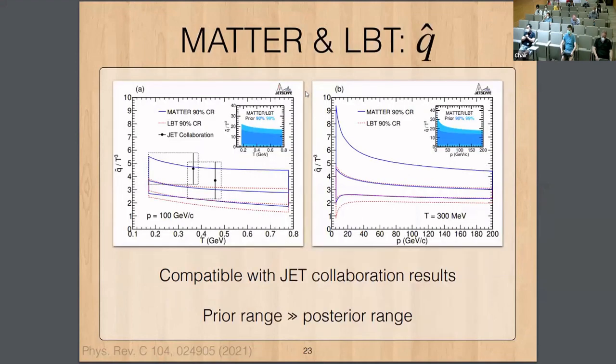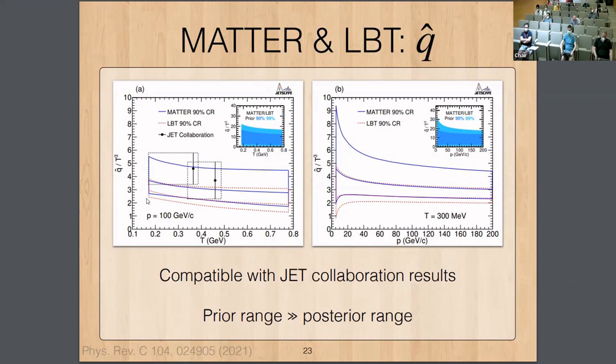Okay, and we can also look at the extracted Q hat as a function of temperature and momentum. So what's plotted here are the results from the JET collaboration. And you can see the two bins, which correspond to the RHIC and LHC analysis. And the result is shown in this band for different energy loss models.